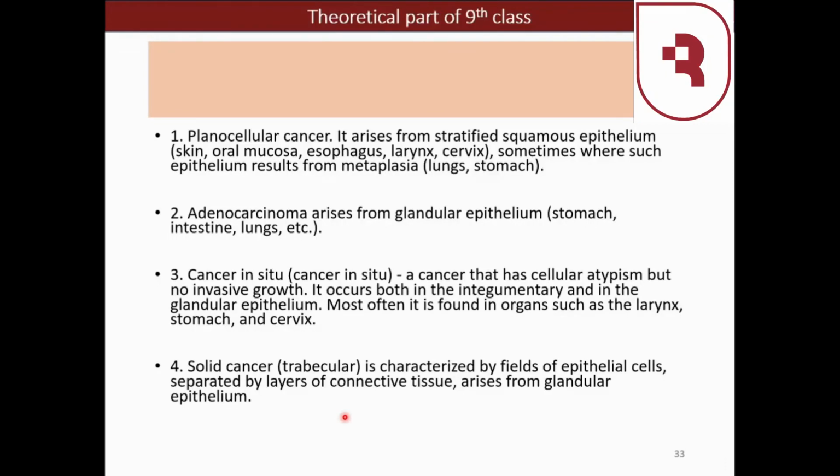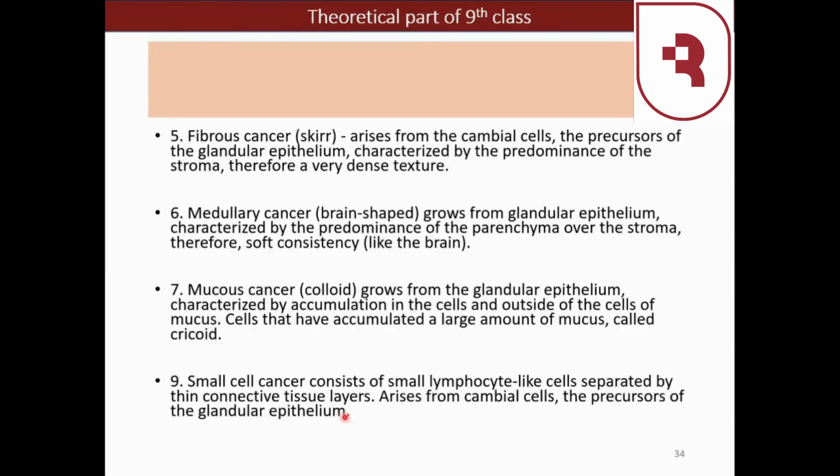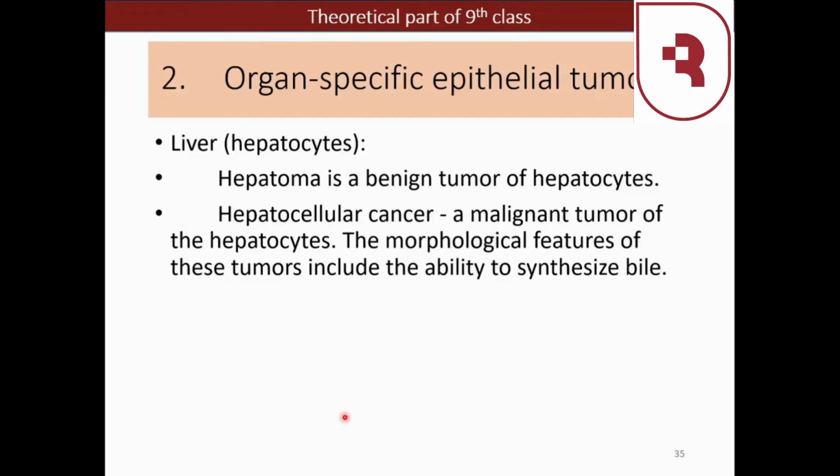So it may be squamous cell cancer, adenocarcinoma, cancer in situ, solid cancer, fibrous cancer, medullary cancer, mucous cancer, small cell cancer, and all other different forms of it. So I want to draw your attention to a lot of different forms of cancer, and you just have to remember all of them.